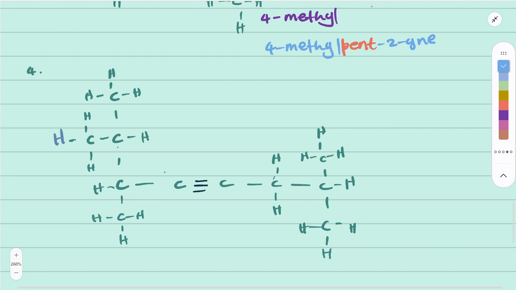Yes, then now with this molecule over here, it would look a bit complicated, but now here what would control you is this triple bond. As we say, guys, if you see a triple bond, you see a double bond, you see your halogen, you see your hydroxyl group, you can never leave them out when you are numbering. So now let us start with our longest chain. We choose our longest chain.